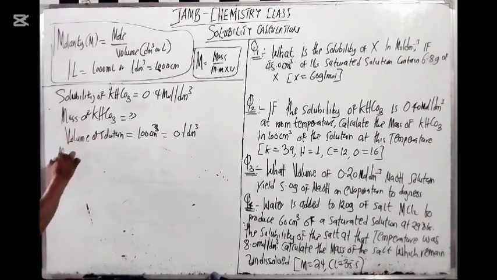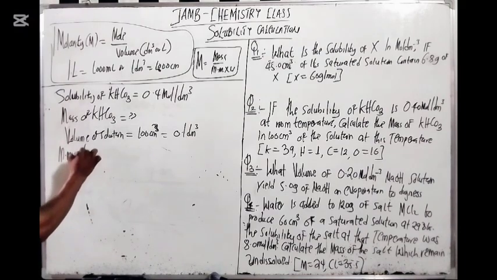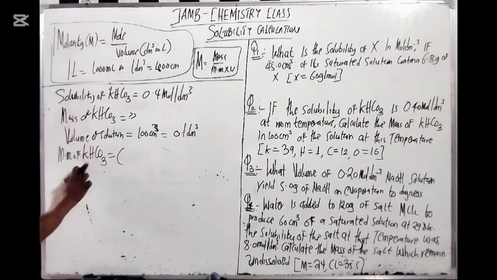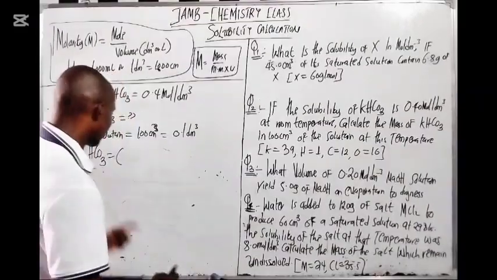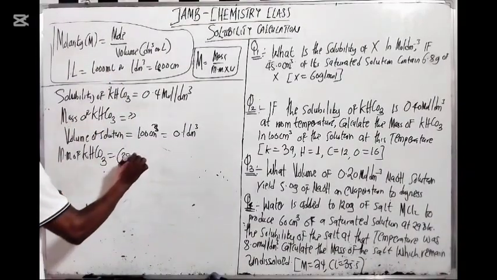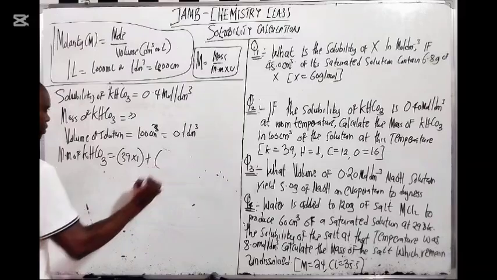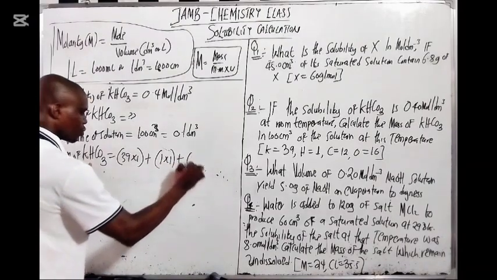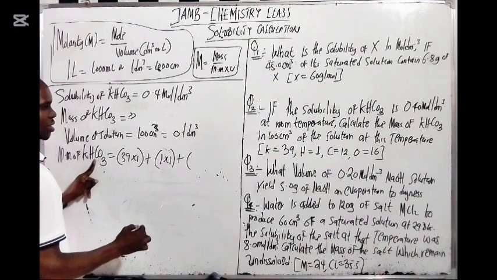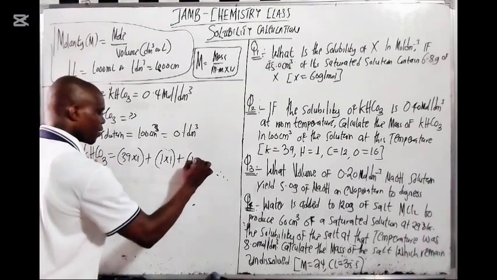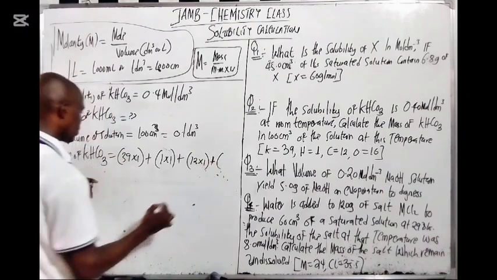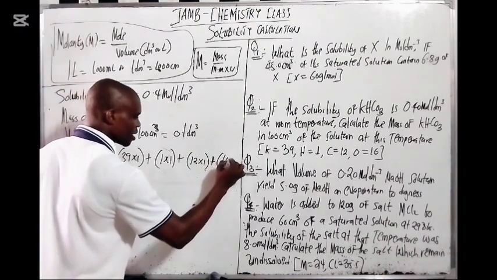Molar mass of KHCO3 is equal to what? The atomic mass of potassium is 39, so 39 times 1, plus hydrogen is 1, 1 times 1, plus carbon is 12, 12 times 1, plus oxygen is 16, 16 times 3.